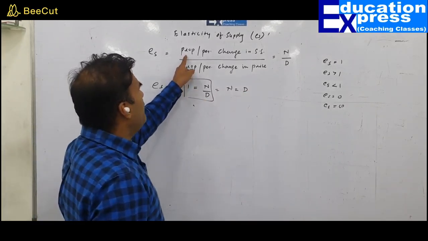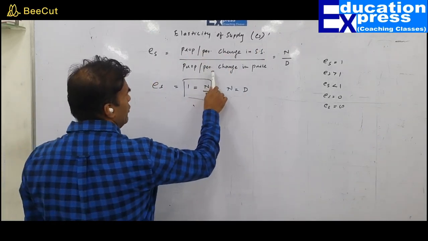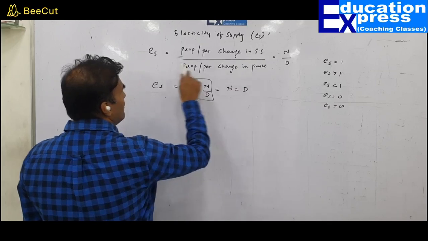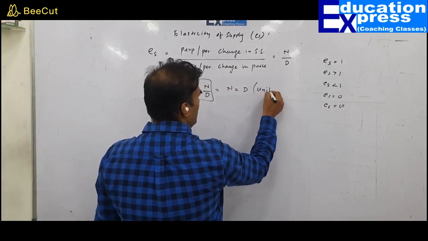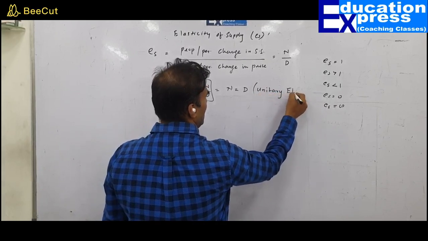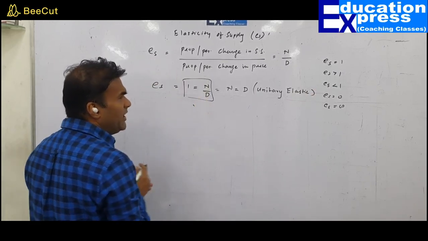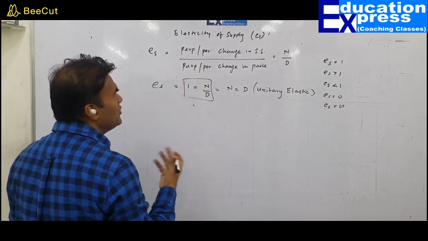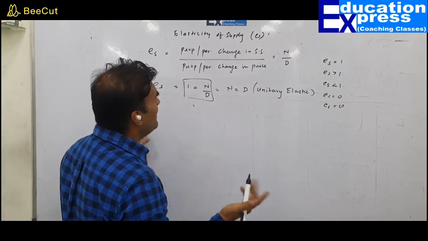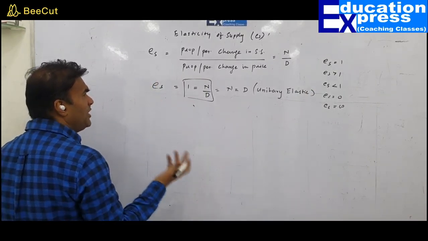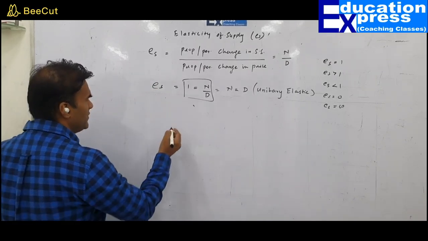When proportionate change in supply equals proportionate change in price, we say that E equals 1, which means unitary elastic. If the price changes by 20%, my supply will also change by 20%. If price rises by 20%, supply will rise by 20%. If price falls by 25%, supply will also fall by 25%.